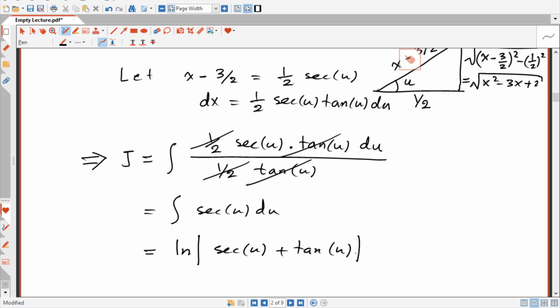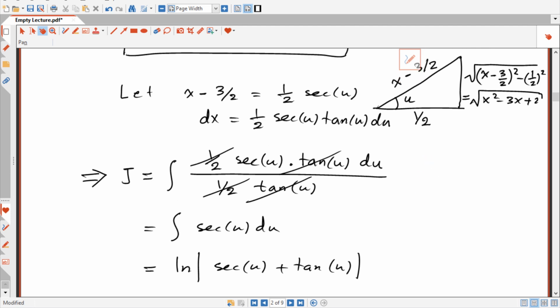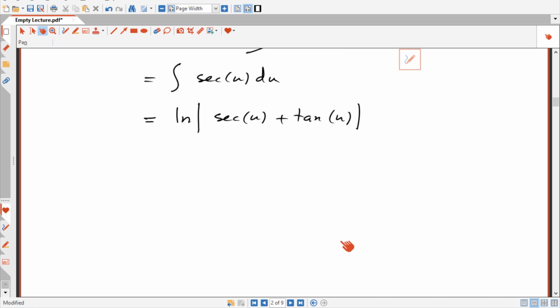So this is in terms of u, and because this is a definite integral, we can express it in terms of x. But we have to evaluate secant u and tan u. Secant u is basically x minus 3 over 2 divided by half, and tan u is the opposite over the adjacent, which is the square root over half. So we'll write that down, evaluated from 0 to 1.